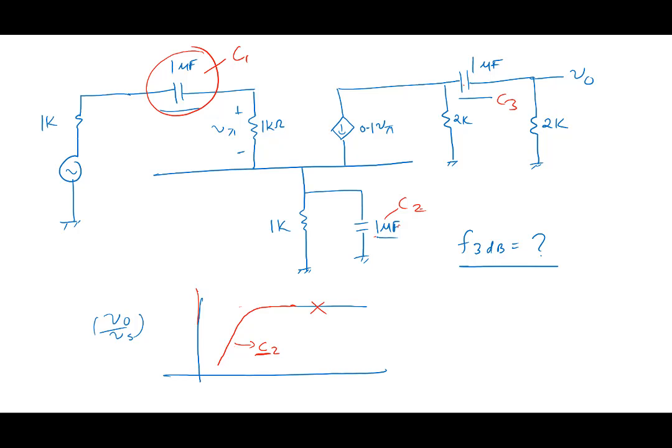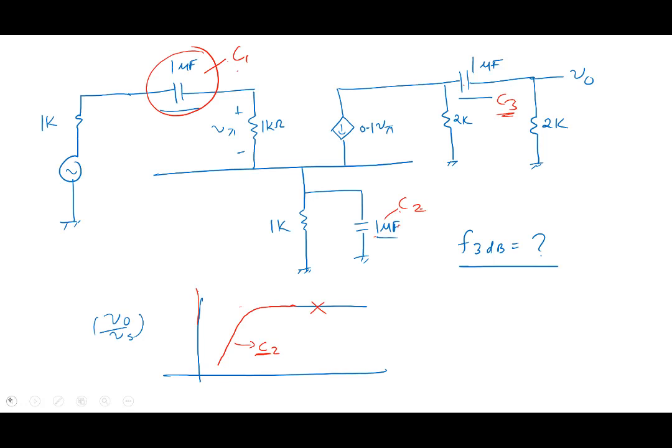On the other hand, if I say C1 is causing this, then C2 and C3 are short and C1 is there. If I say C3 is causing it to fall, then I assume C2 and C1 are short. So our method is as follows. Let's say C1 is causing it to fall. Then we assume the other capacitors are short, and for C1 you calculate a frequency F1.